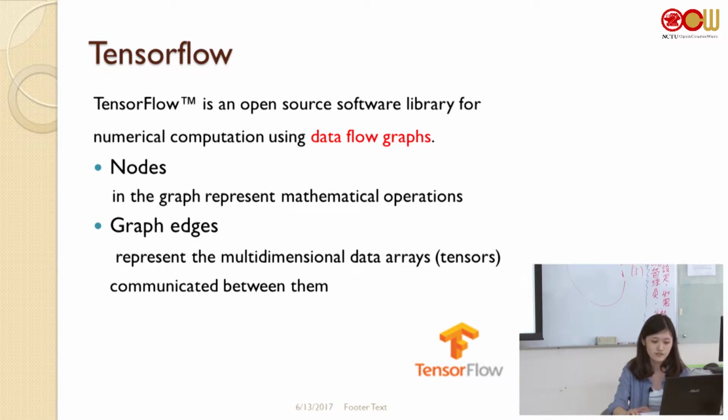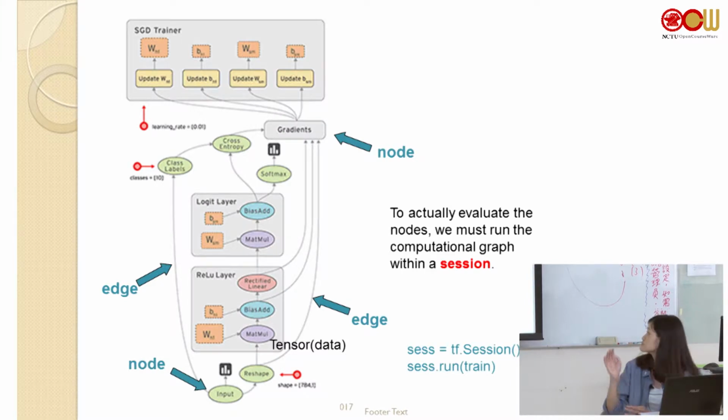You can see this picture. For example, the input is a node, and you can see the gradient or the cross entropy mean are nodes. The edge means the data go through the whole graph.